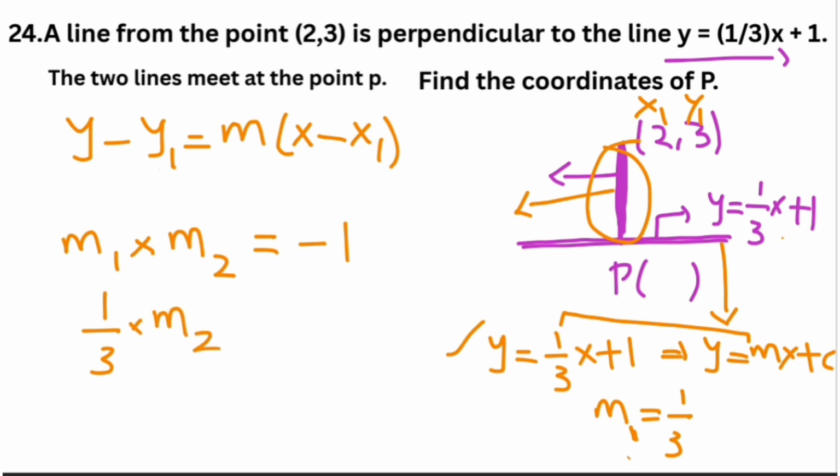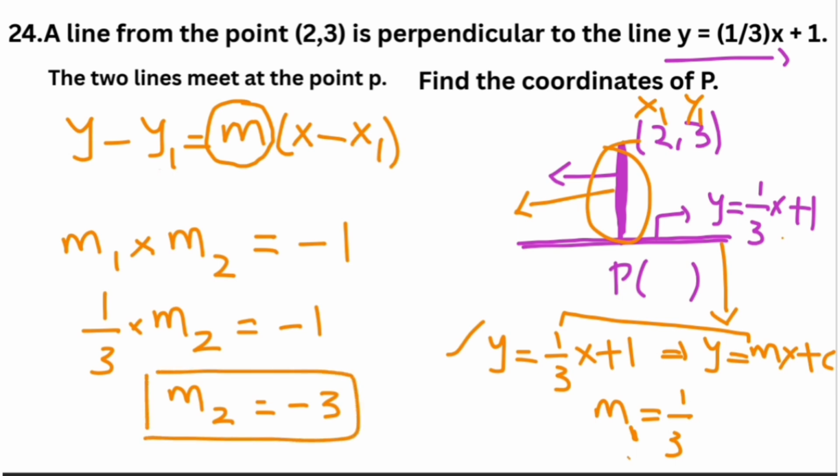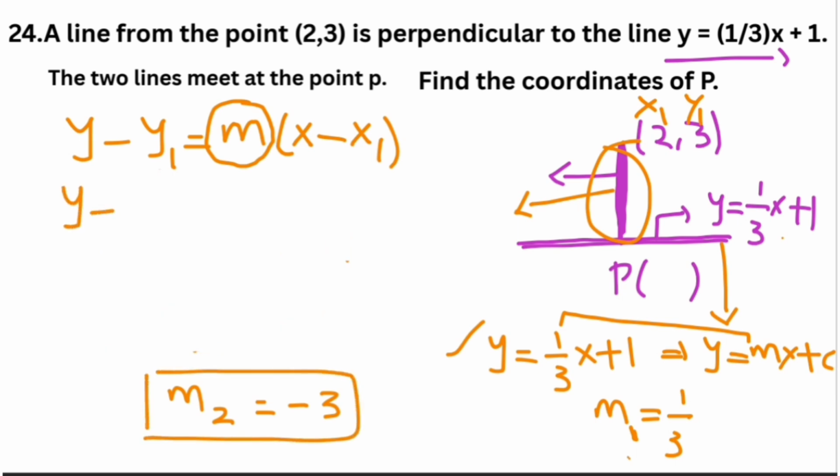From here we can find the slope of the second equation. So m2 is going to be minus 3, isn't it? So here we are finding the second line equation, that's why we have to use slope as minus 3. So y minus y1 is 3 and slope is minus 3, then x minus 2.